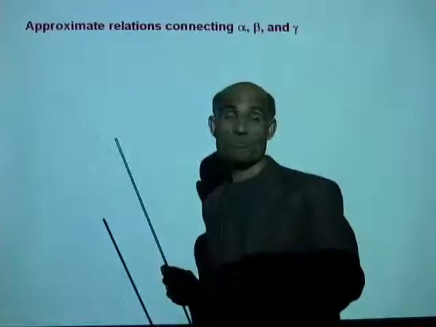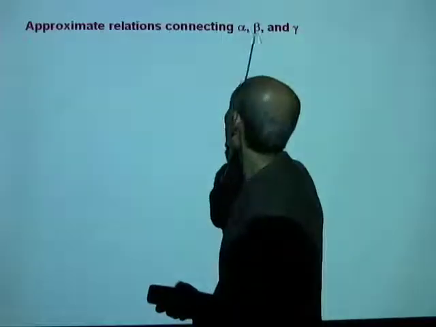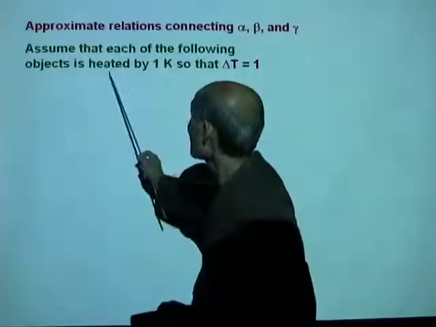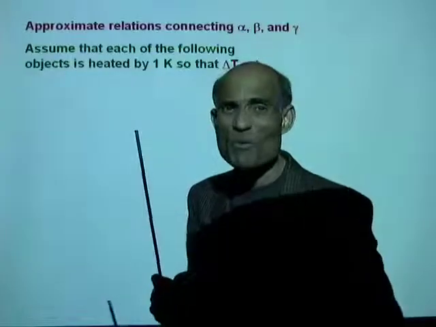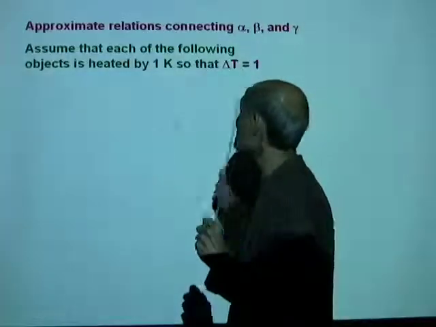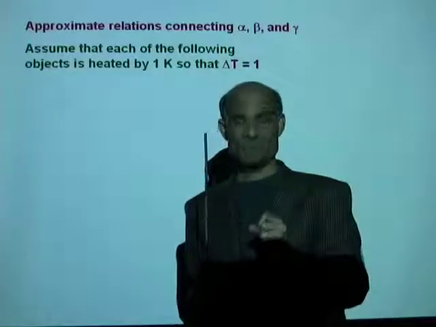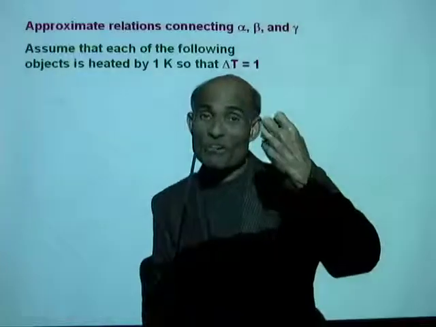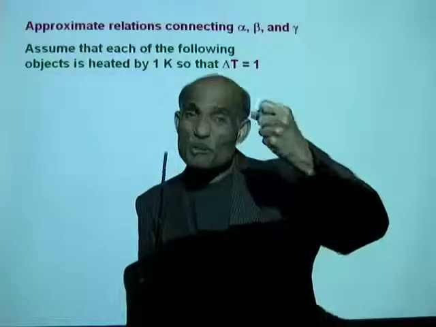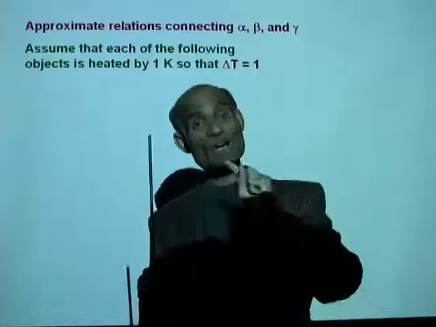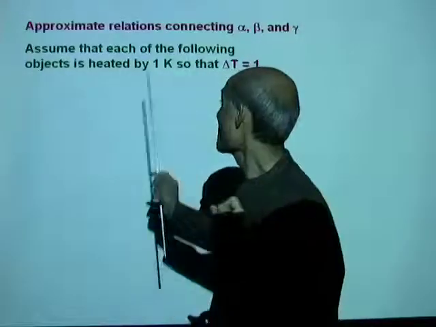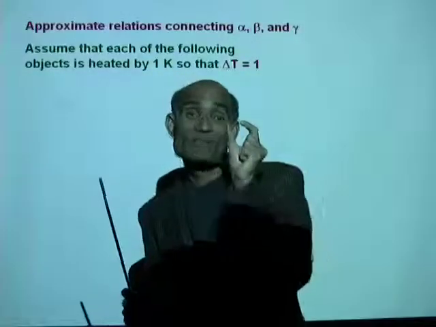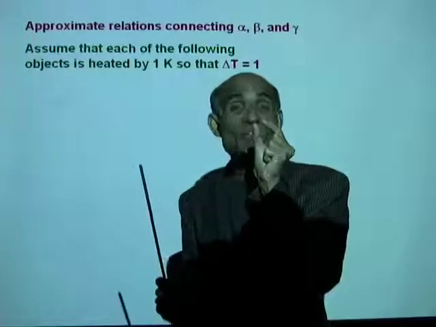Now, let's put those approximate relations for alpha, beta, gamma one more time. Assume that each of the following objects is heated by 1 Kelvin. That is delta T equal to 1. Alright, that means if the definition of alpha is increase in length per unit length per Kelvin rise of temperature, when you heat an object by delta T equal to 1, the increase in length will be a measure of alpha.